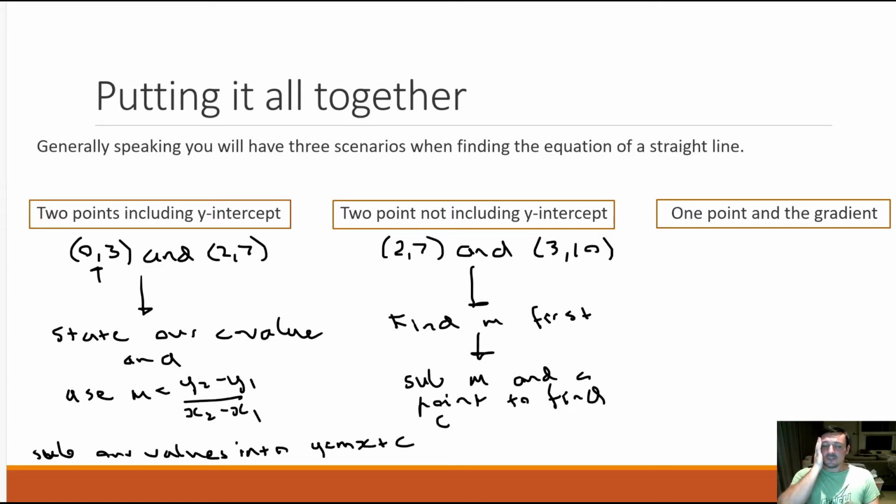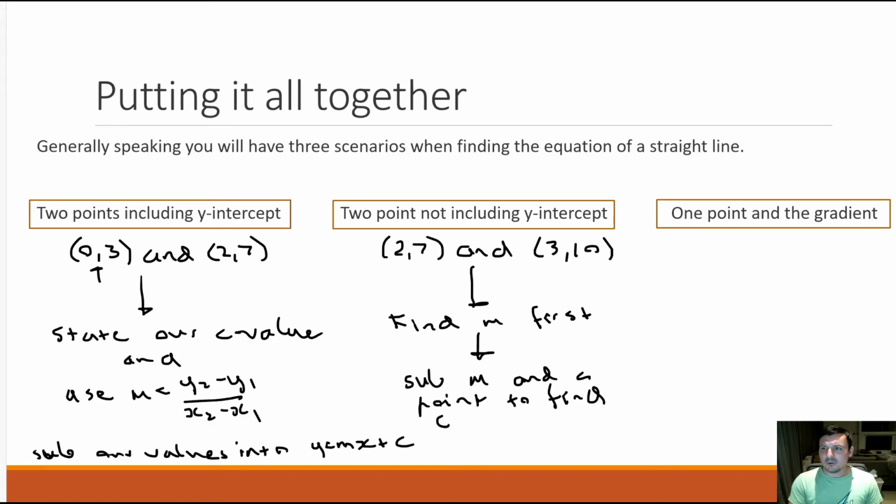So if we look at y equals mx plus c, we put m into it, and then we put a coordinate x, y into it. Either one would be fine because they're both on the line, so they'll give the same c result. If they don't, it means you've probably made an arithmetic error.